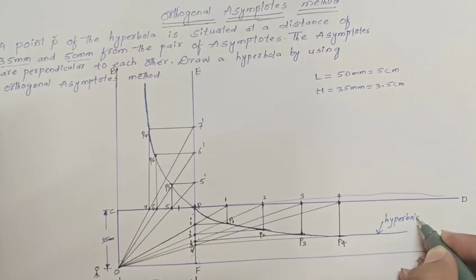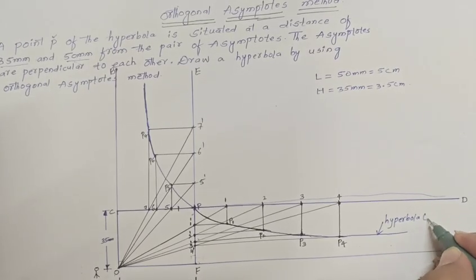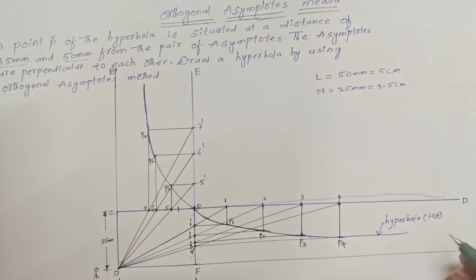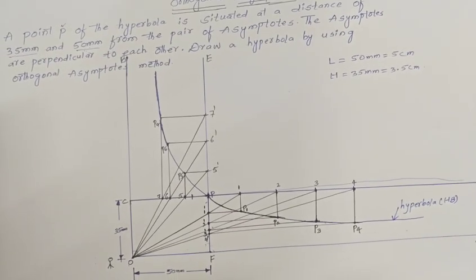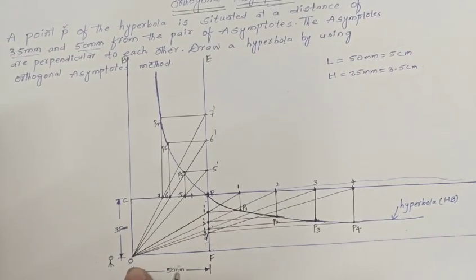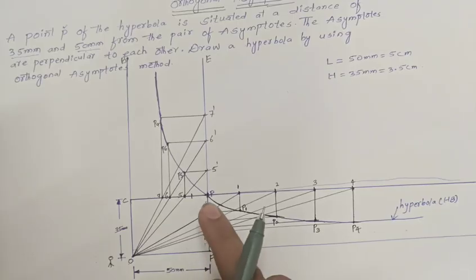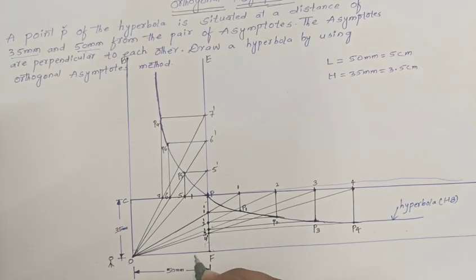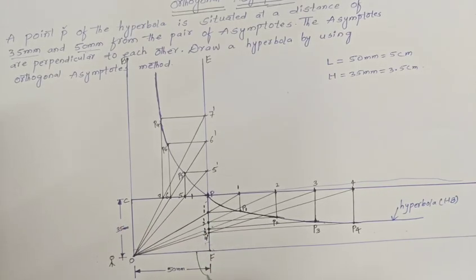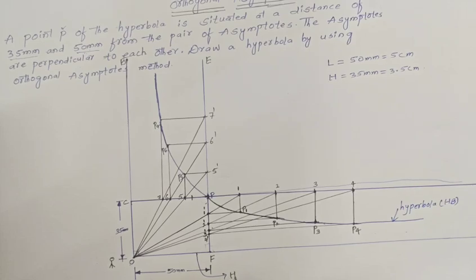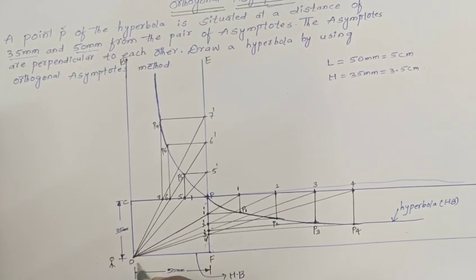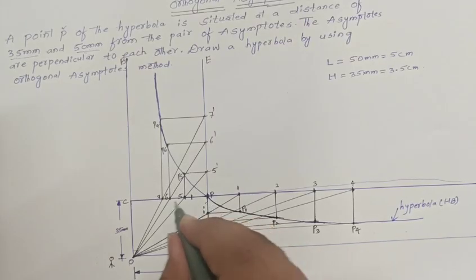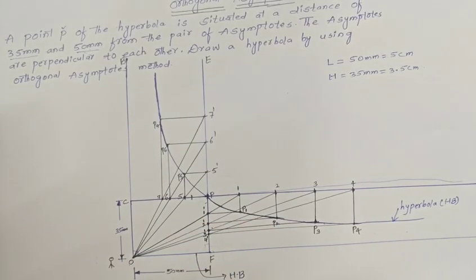Clear? For the hyperbola, we have to use HB pencil. Clear? Remember, for this box O, F, P, C, we have to use HB pencil. Which pencil we have to use? HB pencil. This should be dark. O to F, F to P, P to C, C to O. Clear?